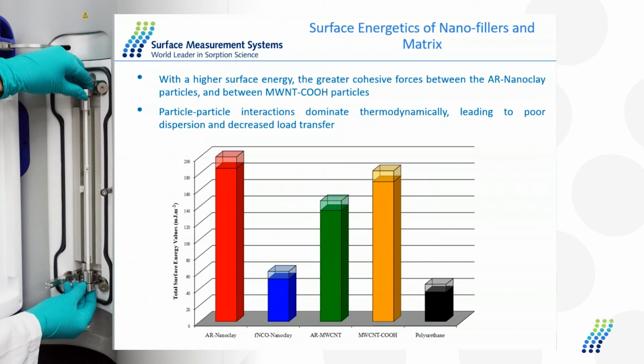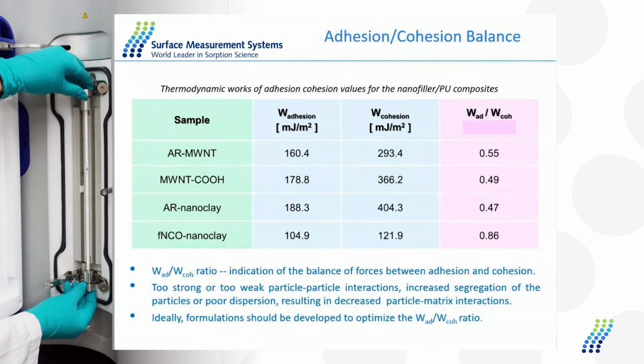So what we can do is look at the work of adhesion, which is the nanotube with the polyurethane, and compare that to the work of cohesion, which is the likelihood of the nanofiller to stick to itself. And we look at this ratio of adhesion to cohesion. And the closer this ratio is to 1, we would predict better interaction between the nanofiller and the matrix, and ultimately it would make a better composite.